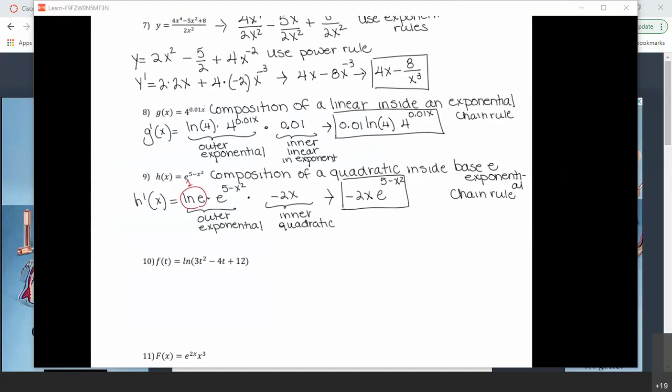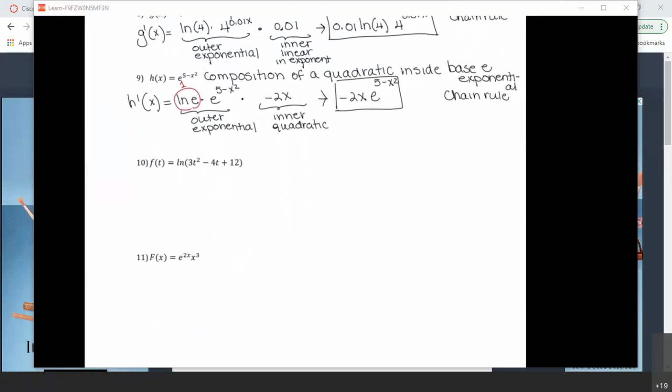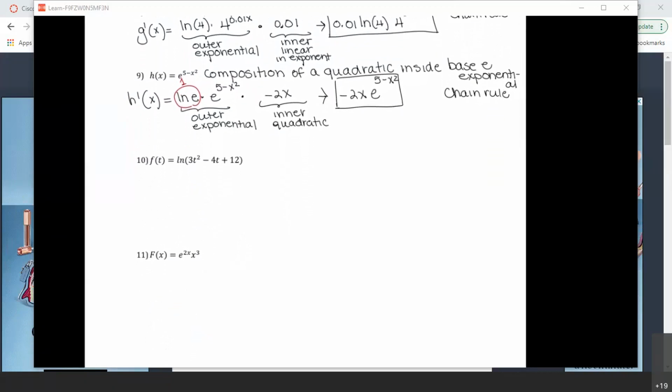Anybody have questions about 9? Okay, how about 10? Look at number 10. I'm asking you to look at them and tell me what you see, because these are more complicated and it's important to understand what you're looking at. Take a look at number 10. What do you see?